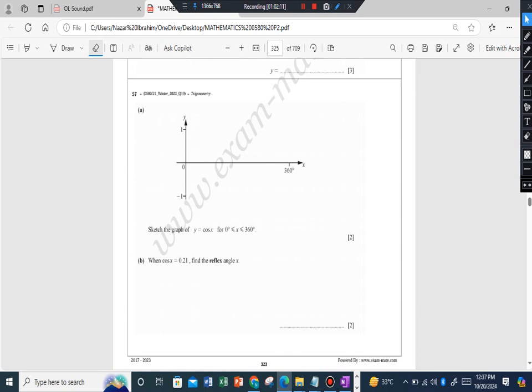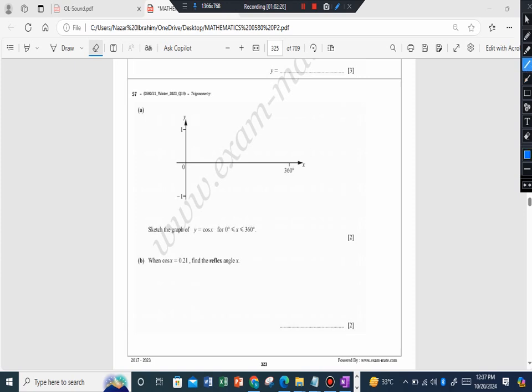Question number 57 is again the graph of a cos x, so we are not taking it, as we have done it twice in the video. Cos x is equal to 0.21. Find the reflex angle.